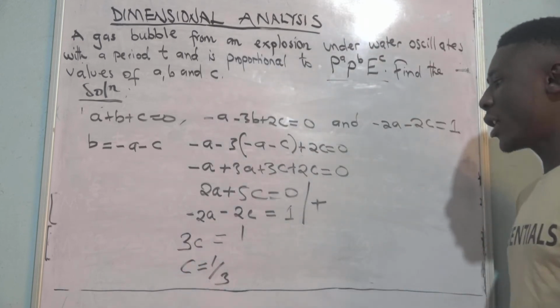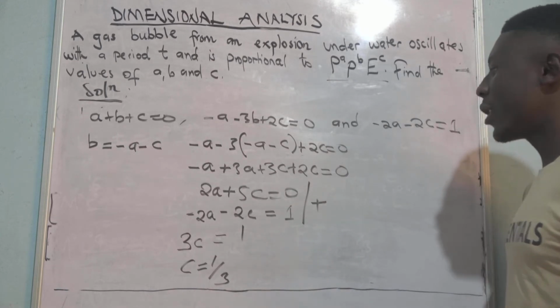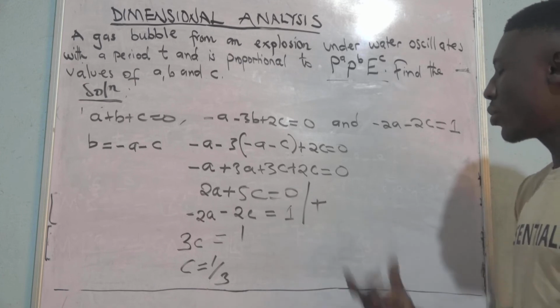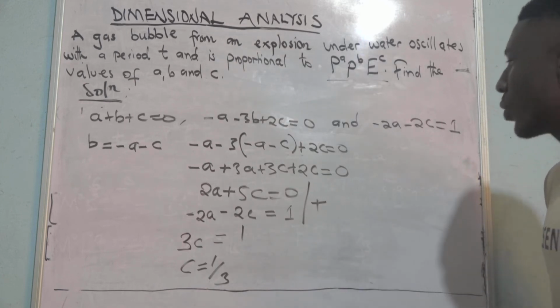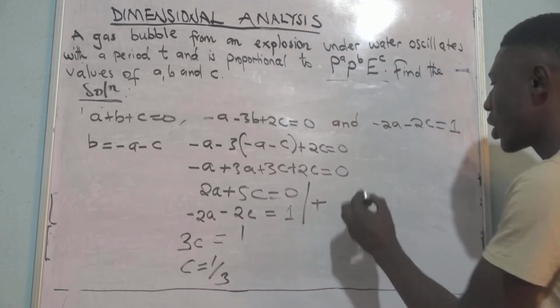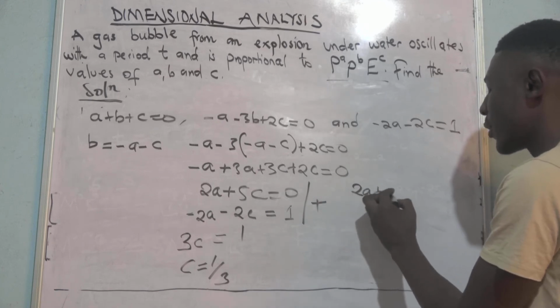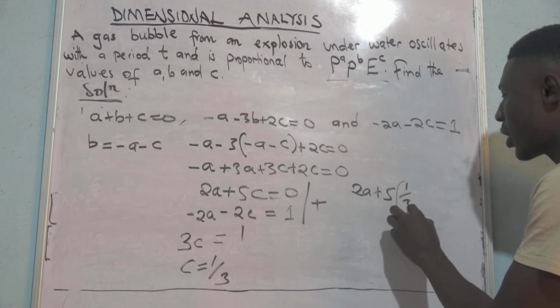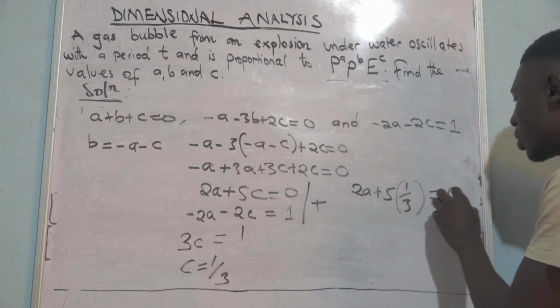Now after finding the value for c, we can then find the value of a from the system of equations here. So we're going to choose the equation which looks to be more simple, and that equation is the first equation, which is 2a plus 5c. Then where there is c, we can substitute with 1 over 3. Then we equate this to 0.